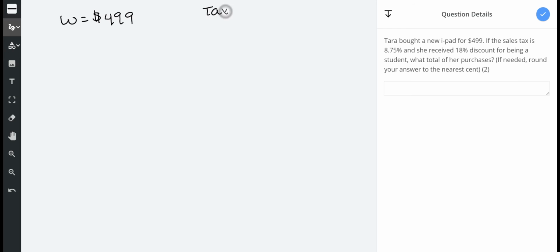Tax is going to be 8.75%. And then the discount is 18%. So the tax is where we're going to add it, and the discount is where we're going to subtract it.